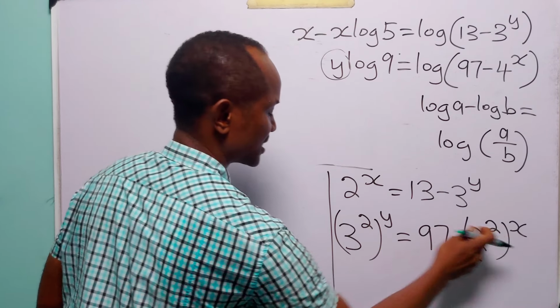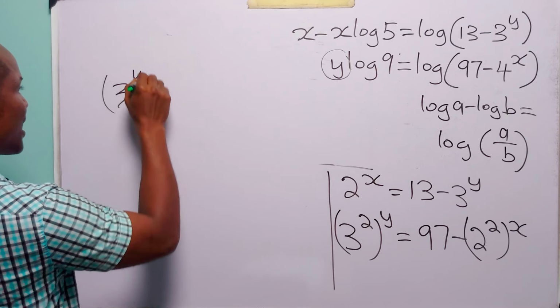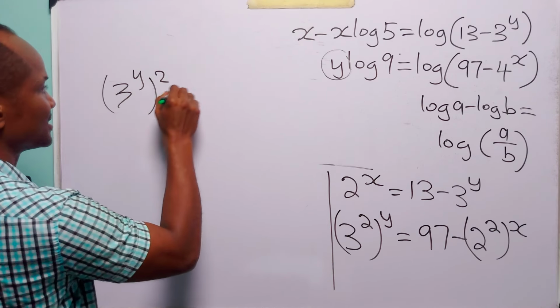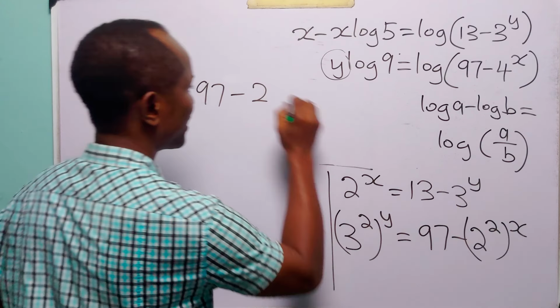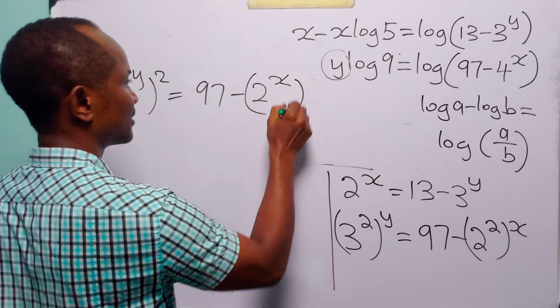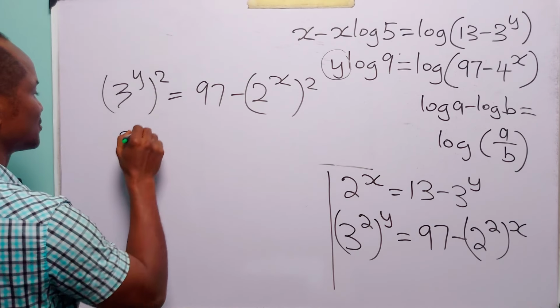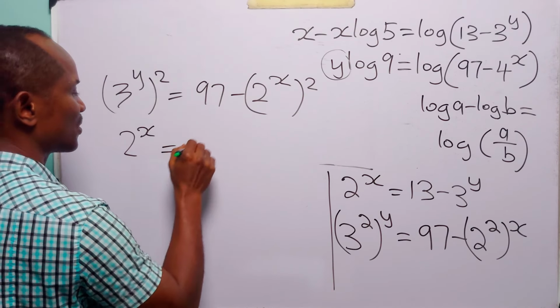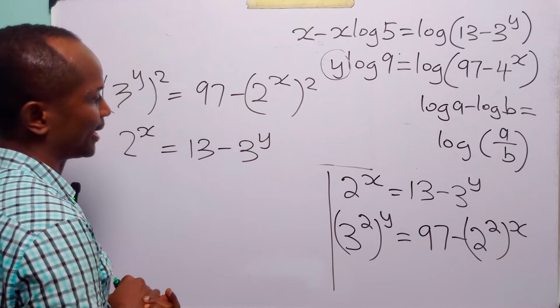The same thing happens here. When we do that, this equation becomes 3 to the power y squared is equal to 97 minus 2 to the power x squared. While this equation stays 2 to the power x is equal to 13 minus 3 to the power y.